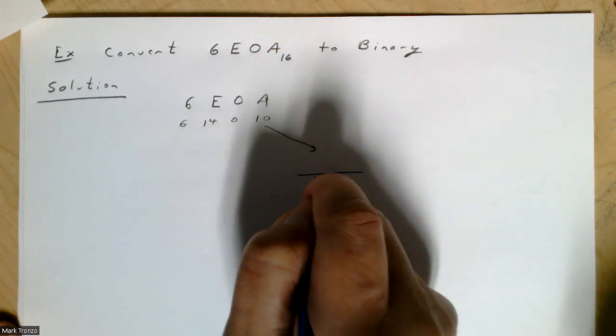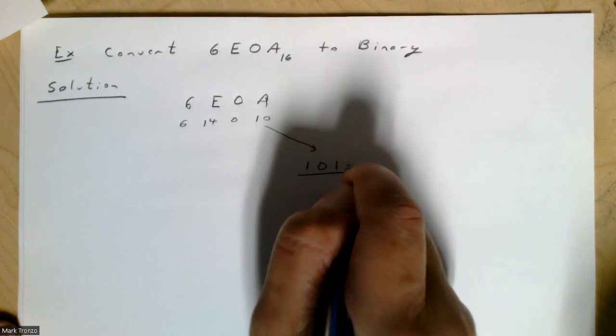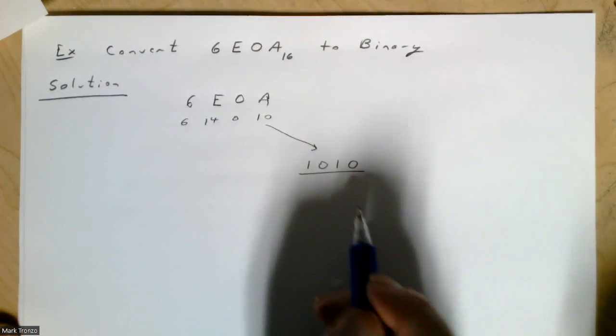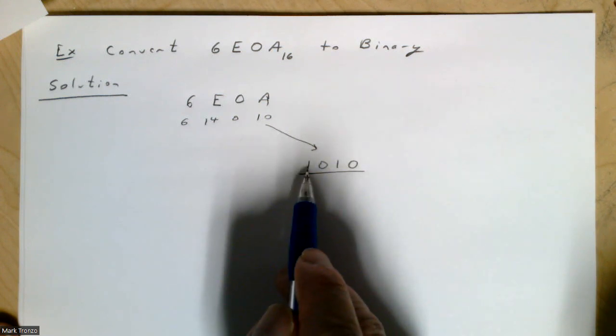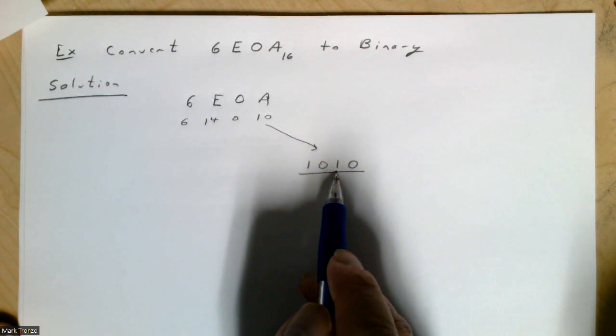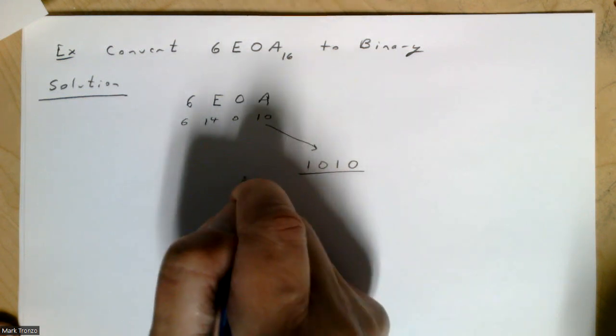So for a 10, we're going to need an 8 and a 2. So remember, this is 2 cubed, which is 8. There's 2 to the first power, which is 2. The middle one is 0.